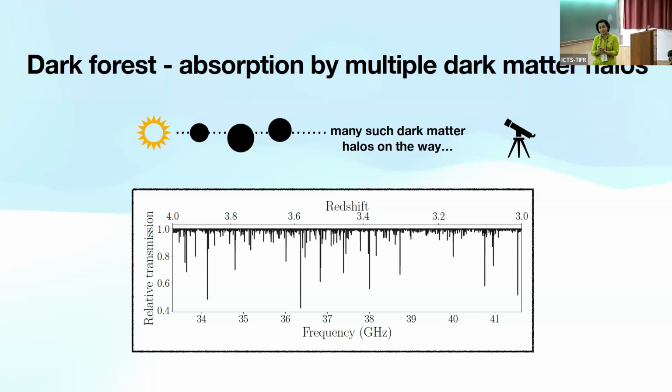Right, but what about the stuff that's not in halos? Does that give you some general small suppression everywhere? Yeah, the dark matter number density is going to be very small in the voids. The reason why we chose dark matter halos was because these are the dense structures, and this will give the strong absorption line. But in principle, you will have absorption lines even in the voids. That's going to be very weak and difficult to detect. Mainly the strong ones will come from the center of the halo.